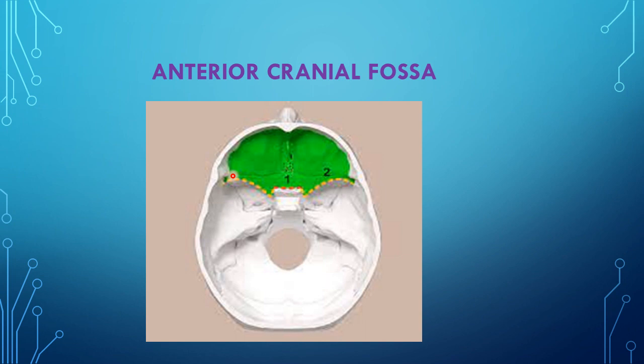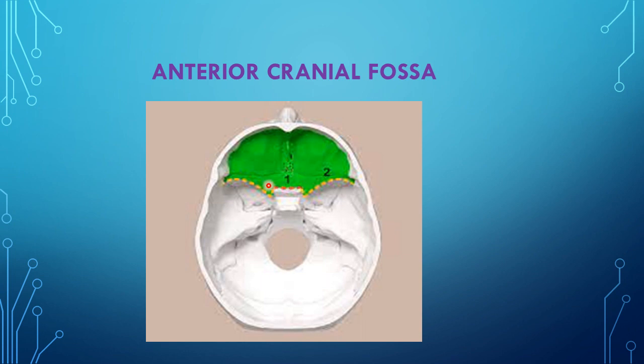The posterior border is also formed by the anterior clinoid process. You see a small process here. This is the anterior clinoid process of the sphenoid bone, and this is the sulcus chiasmatis. The dotted line shows the anterior margin of sulcus chiasmatis.